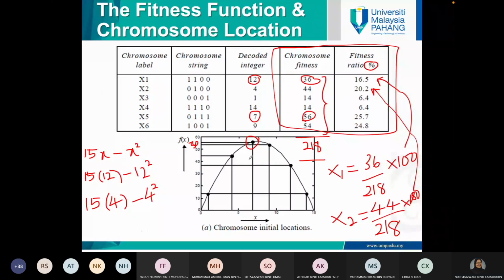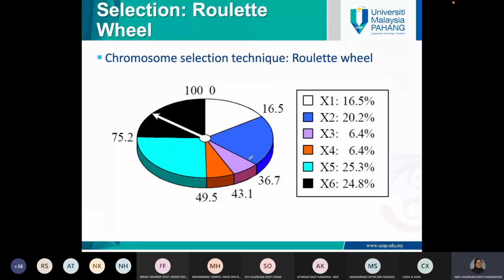Okay, so for the roulette wheel, this one that we went through earlier. The roulette wheel selection technique. We start with the first chromosome, we add up until chromosome 6 and we got 100.